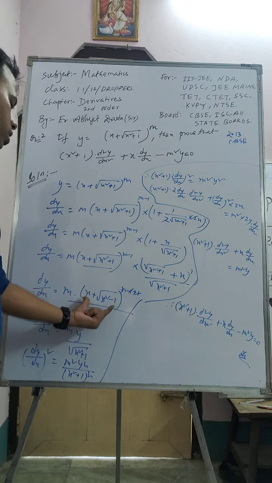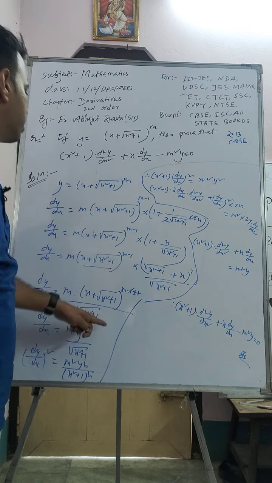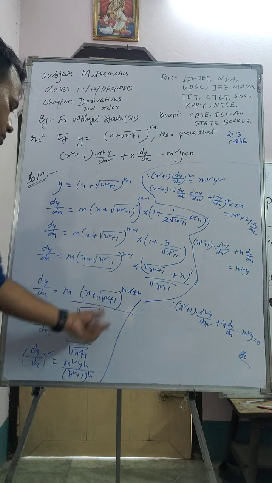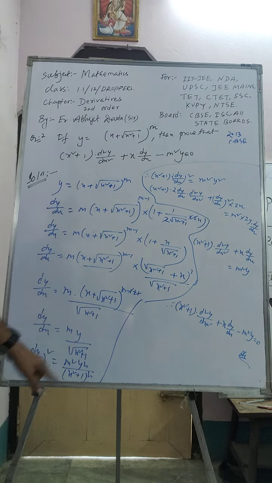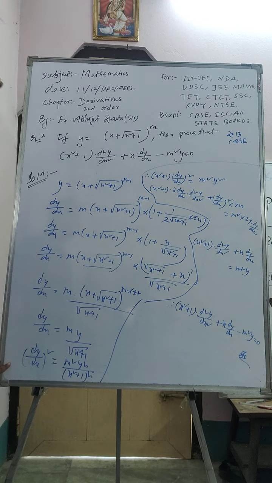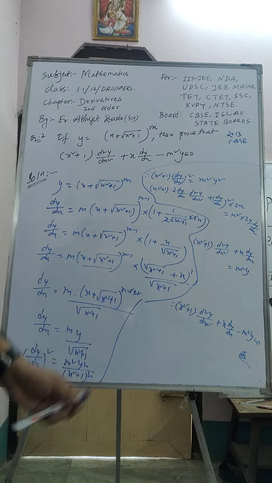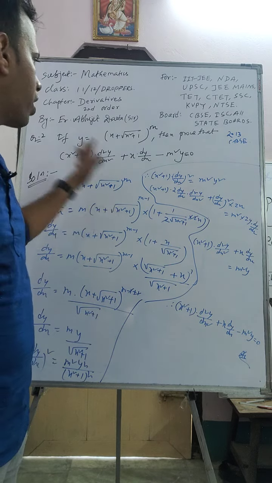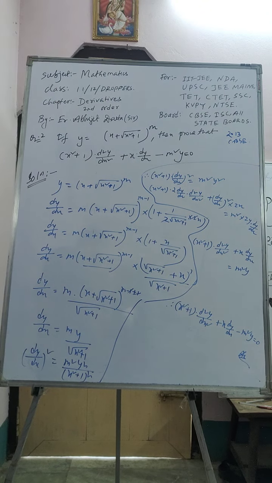So what is left is x plus root over x square plus 1, and this part we can replace by y. After that I square both sides, cross multiply, and simply differentiate again on both sides, and after simplification the final result comes out. Okay, I hope this is helpful for you.